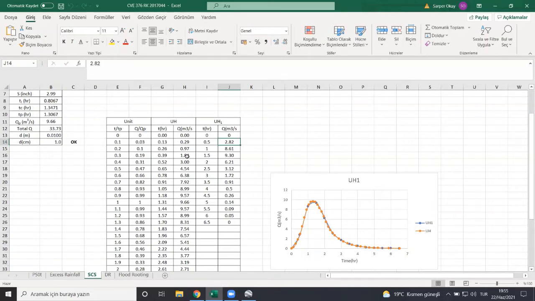So you'll basically do 1.84 minus x divided by x minus 3. And you will find the x value from there. This is how you do the interpolation. So you find your OH values, okay? Once you find your OH values for the unit hydrograph, then you can calculate your direct runoff.